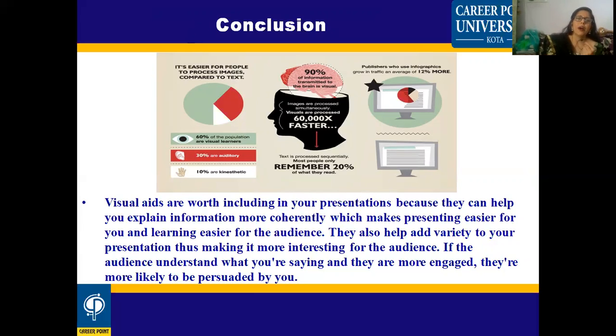So you may remember only 20% of what you read. So if a readable matter is there, even if you read it, you may not recall it, you may not retain the message in your brain.